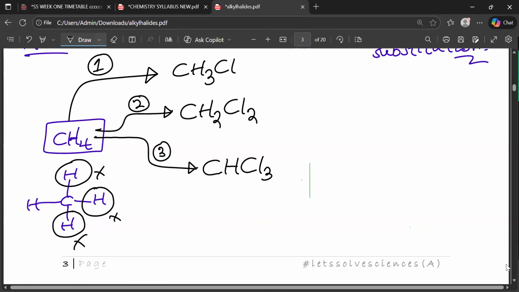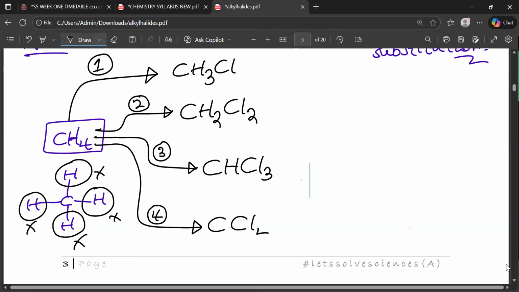What if we go ahead and we replace all of them, all the 4? And that means we are also coming to this one, and we are giving it away. We are losing it. What is going to happen? Yes, we have our carbon. We have no hydrogen, but we are having 4 Cls this time round, replacing all of them.